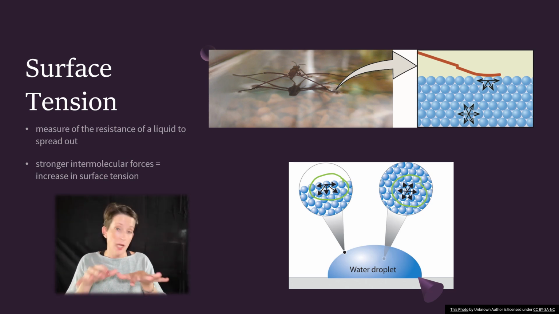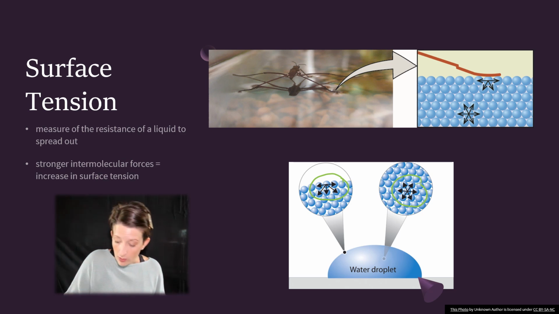So as we mentioned, with acetone, its interactions are weak. So when you drop acetone down on a table, it's going to spread out. So it's got very little surface tension, very little attraction to each other, whereas water has high surface tension, so a high amount of strong interactions, so they don't break as easily.